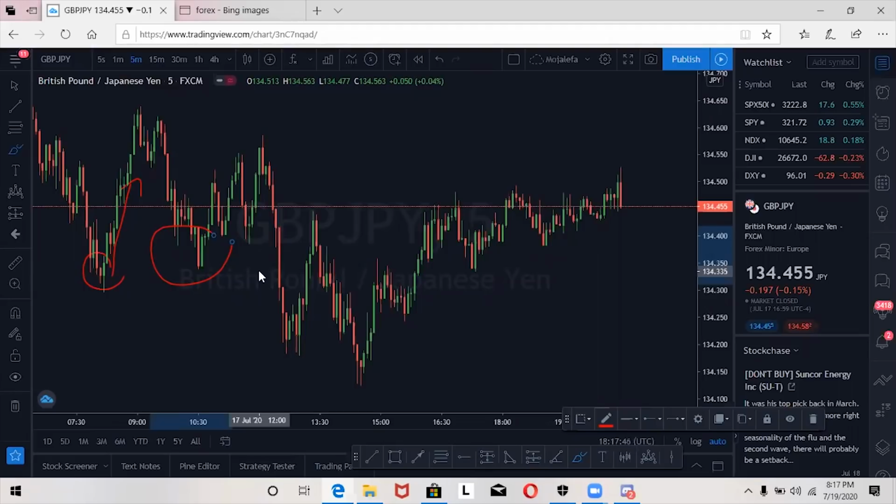You can look at the current candlestick before the news, either where it's gonna close, or to be more accurate, you can look at the last 3 candlestick patterns before the news. They're gonna tell you a story of what's gonna happen. When the market is turning to a certain direction, it's actually telling you, you know what, I don't want to go there. You're forcing me. I want to turn. I don't want to go there.